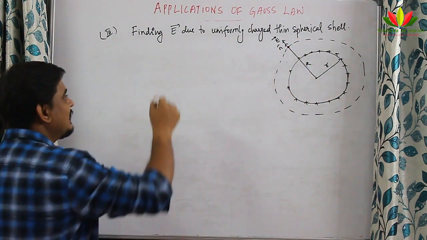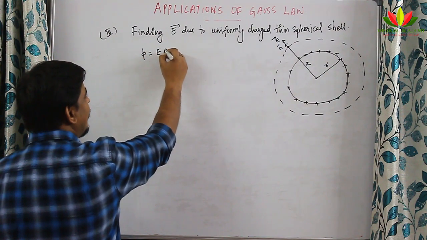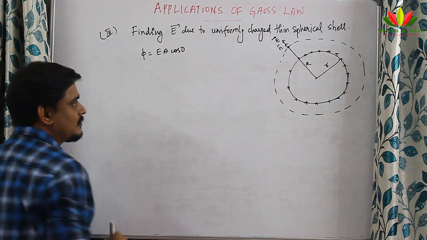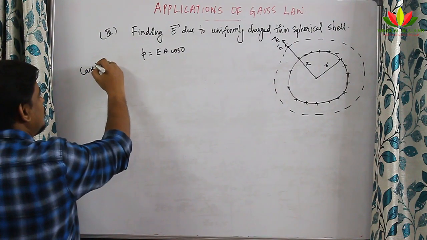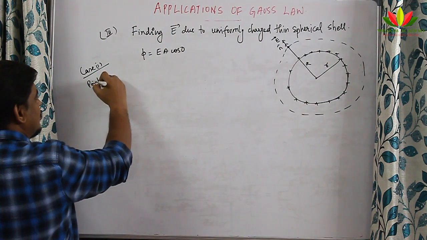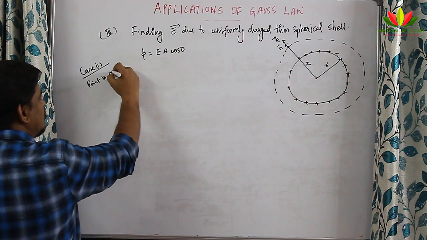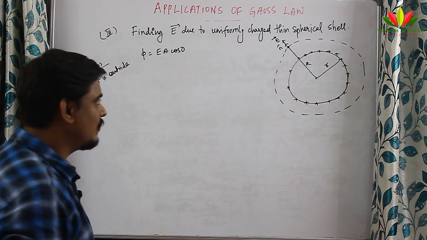So the total flux, net flux phi, will be equal to E A cos 0, isn't it? This I am taking as case 1, and case 1 is for the point outside. So now phi is E A cos 0.